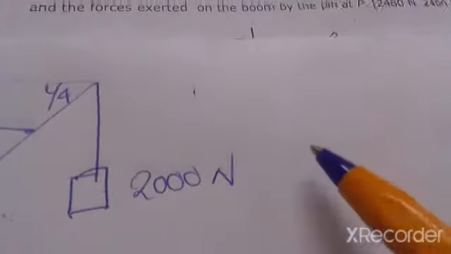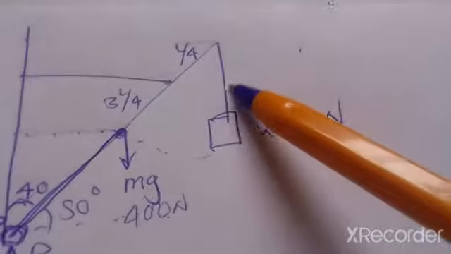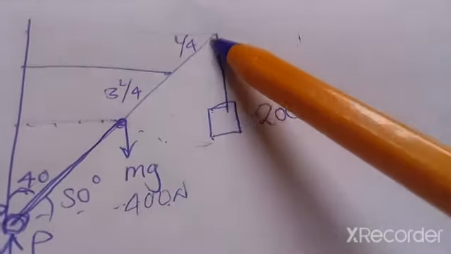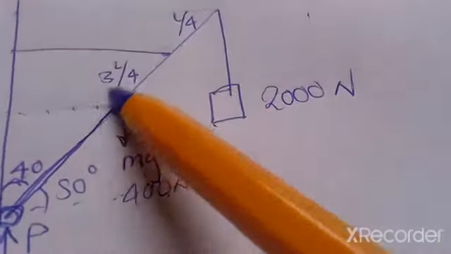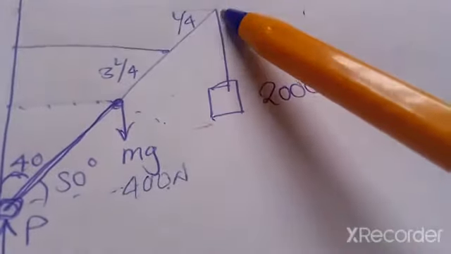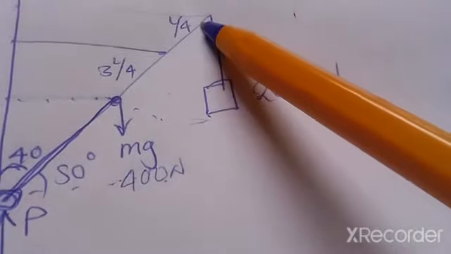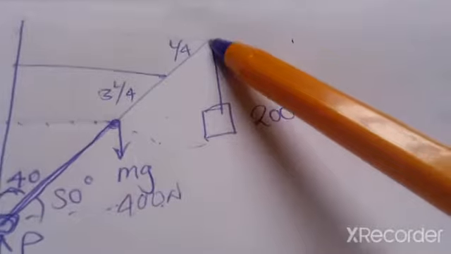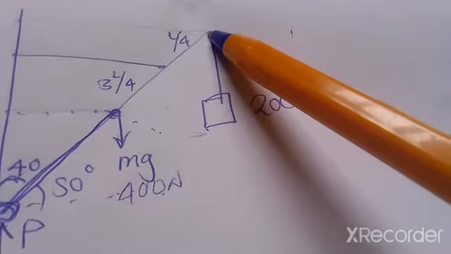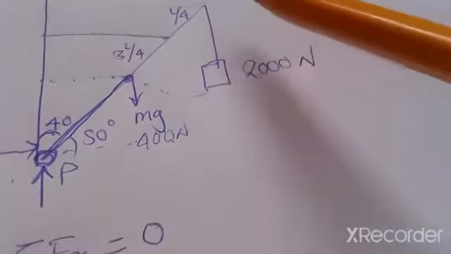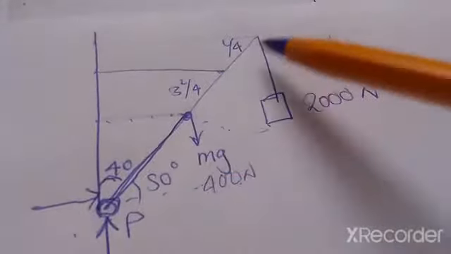Then the last force is at the edge. Okay, this is 3L over 4, this is L over 4, so all of this is L. That's the length of this boom.